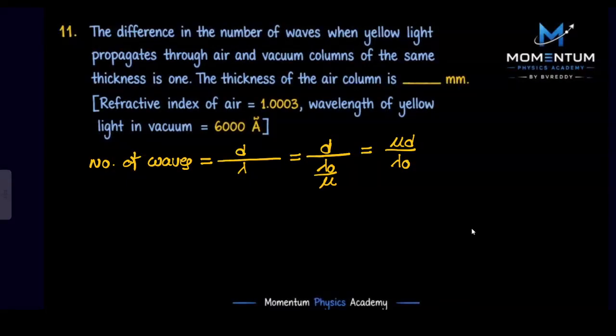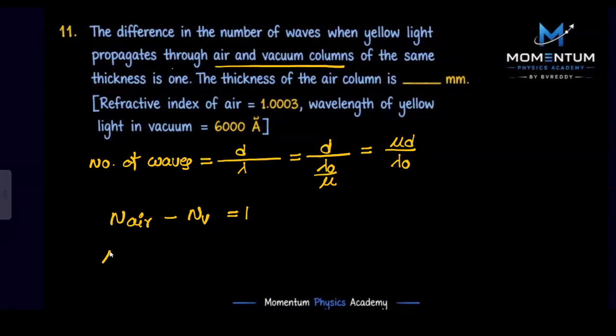Now, they have given the difference in the number of waves of yellow light propagating through air and vacuum. So that is the number of waves in air minus the number of waves in vacuum, which is equal to 1.